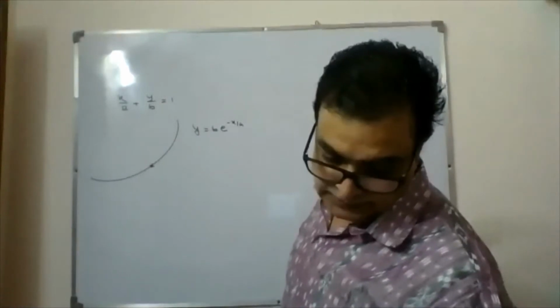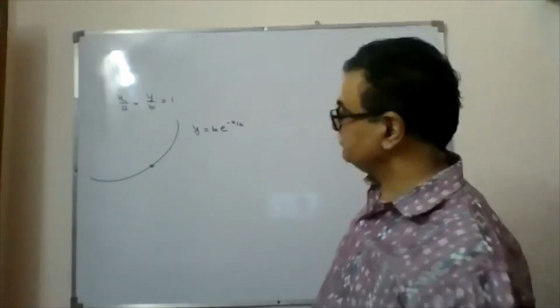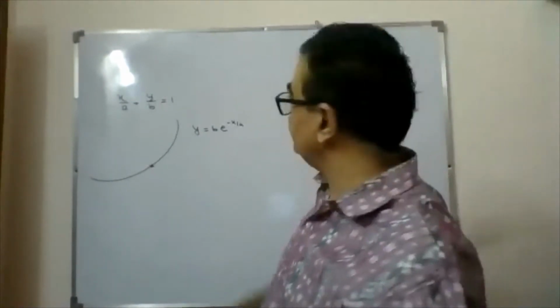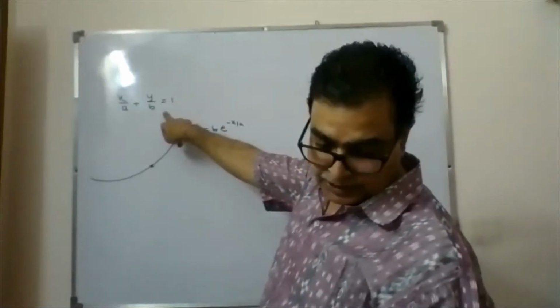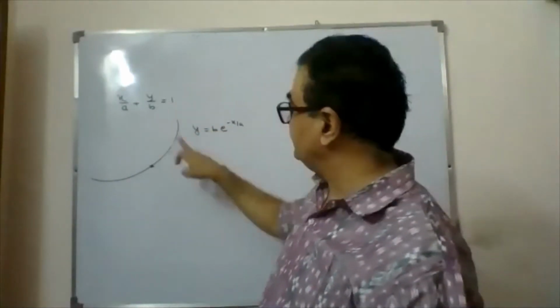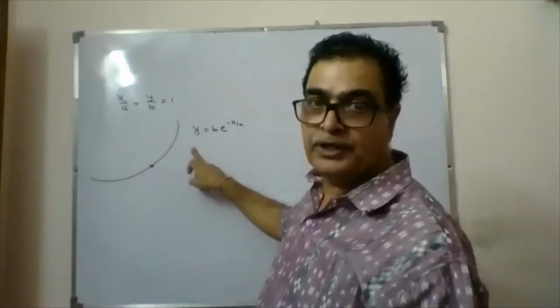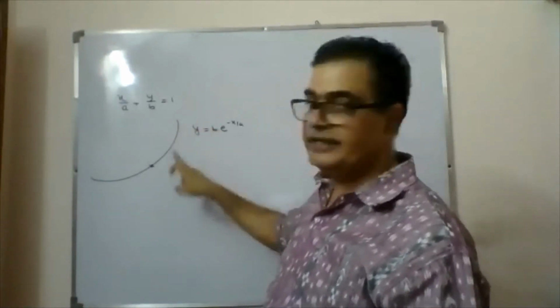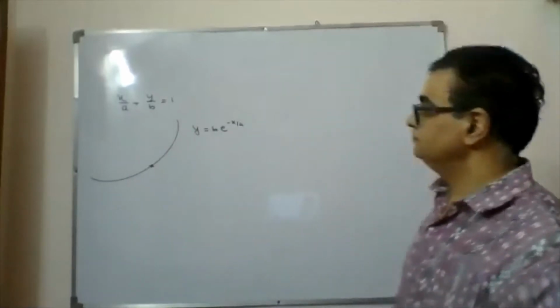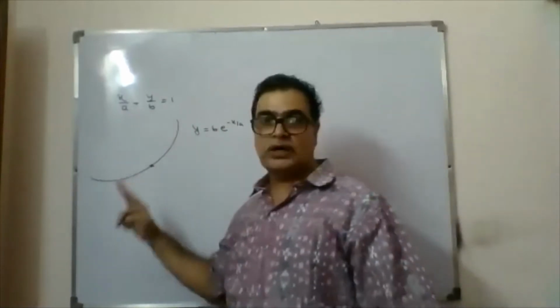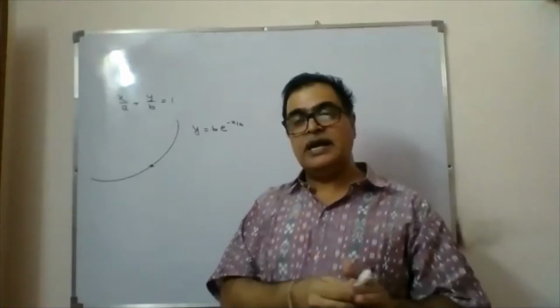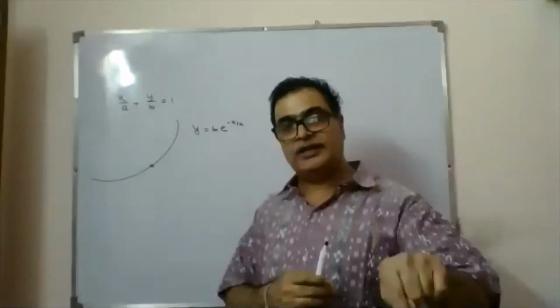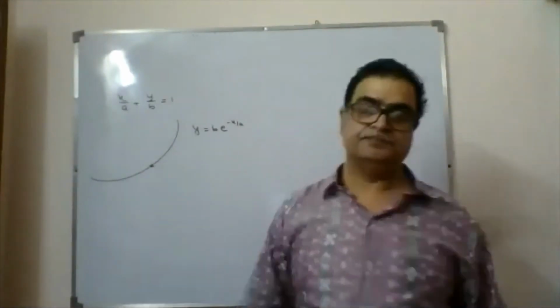where it crosses the y-axis. I'll repeat it. This is the line of tangent to this curve at the point where the curve cuts the y-axis. This curve is going to cut somewhere on the y-axis. At that point, if you take the tangent, that should be this line.